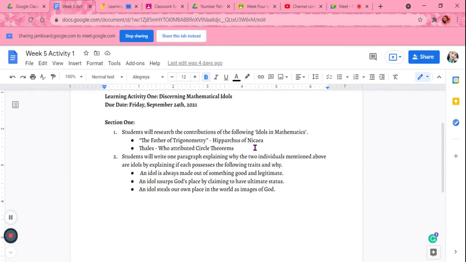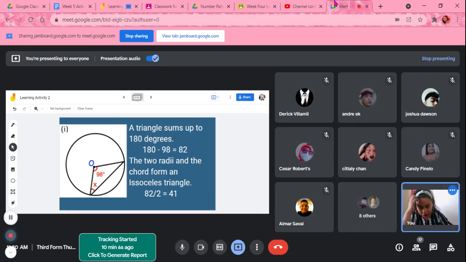The other one says an idol usurps God's place by claiming to have ultimate status. Does the father of trigonometry, or does Thales, at some point say that? We call him the father of trigonometry, that is his name, just like we call George Price the father of the nation.